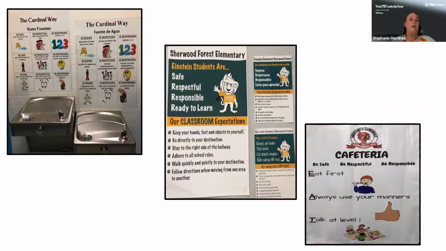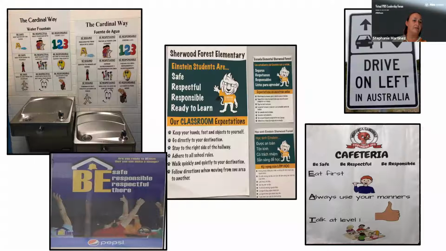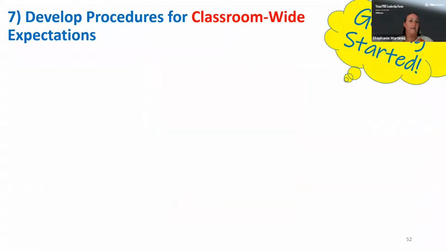Making sure that we have those expectations and then maybe giving some flexibility to teachers to what those actually look like in the classroom. On the bottom left-hand corner, the one that says be safe, be responsible, be respectful, be there, is a district here in Florida that actually came up with some district-wide expectations and then defined what it looks like, not only for students, but also for teachers at the school, administrators at the school, all district personnel, and for families.